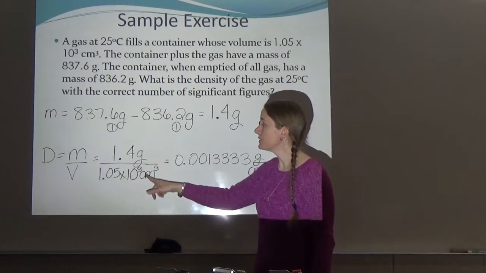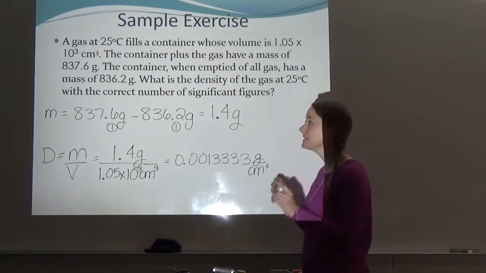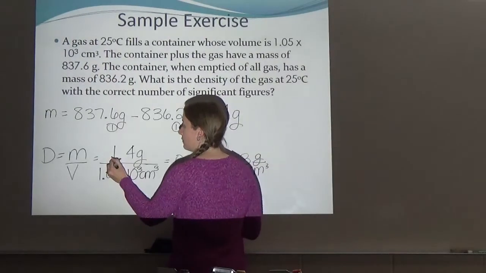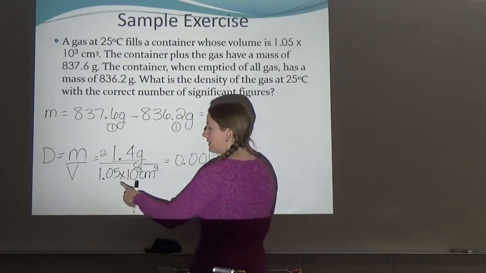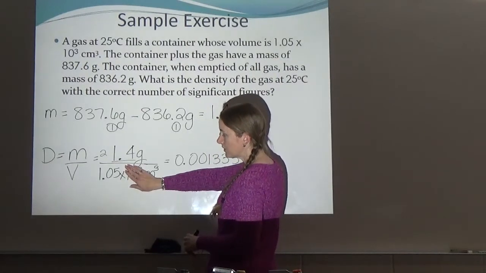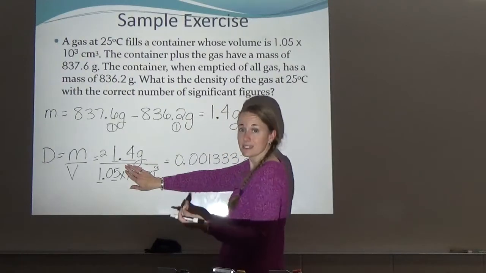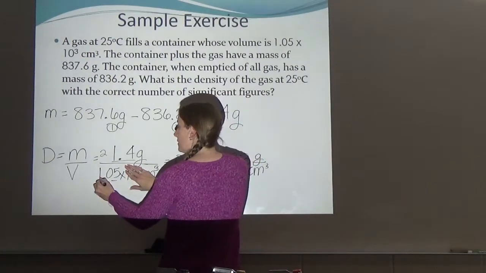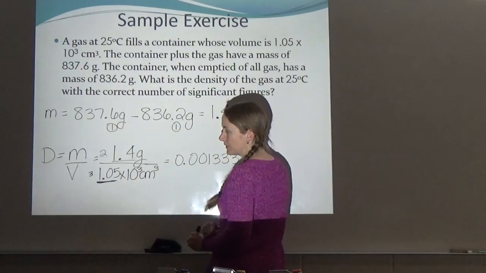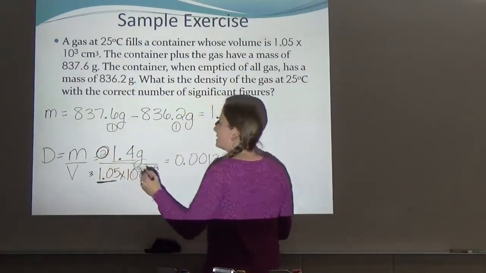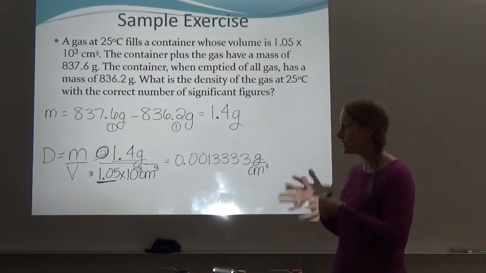This time I was dividing, so I'm going to look at significant figures, not decimal places. 1 and 4 are both significant, so this top number has 2. And remember, for scientific notation, disregard the 10 and the power. So 1 and 5 are significant because they're not zeros, and this 0 is in the middle, so it is also significant. So it has 3 significant figures. Remember, we want the lowest amount in our answer, so we want 2 significant figures, not 2 decimal places.